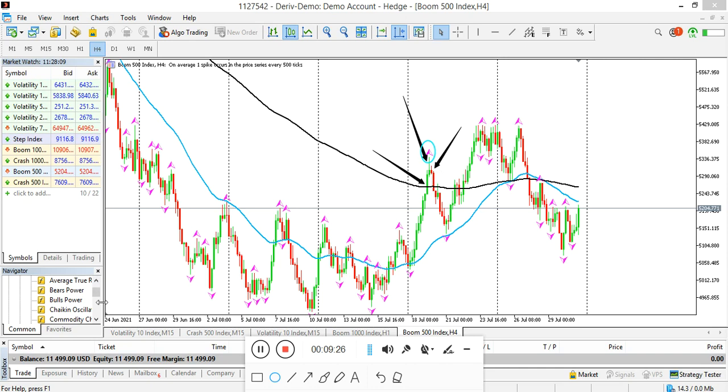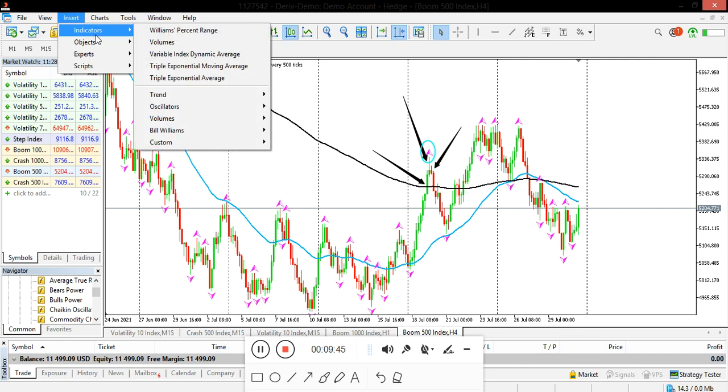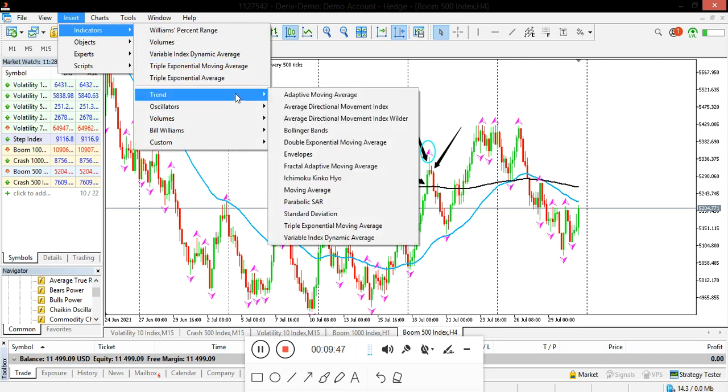Let's look for 30 moving average. Moving average 13. Insert. Okay, sorry for that. Now insert indicator trend moving average 13.